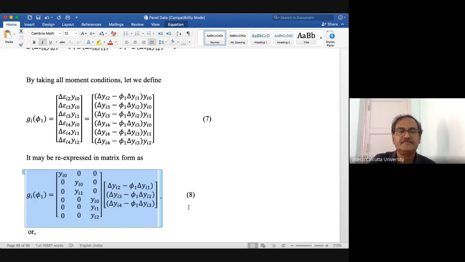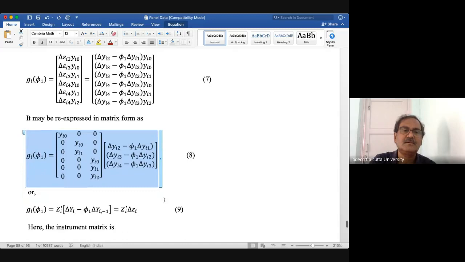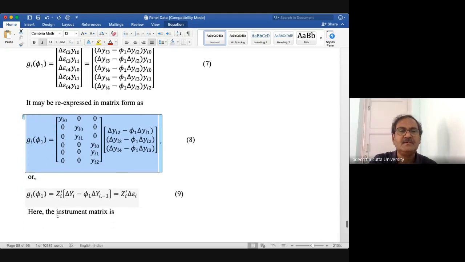Or in compact form, you can write gi of phi1 is equal to zi prime into delta yi minus phi1 delta yi minus 1.